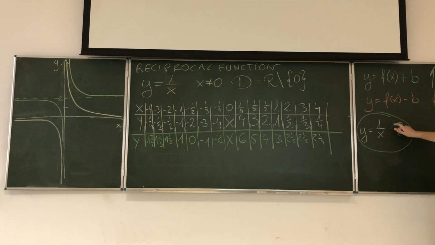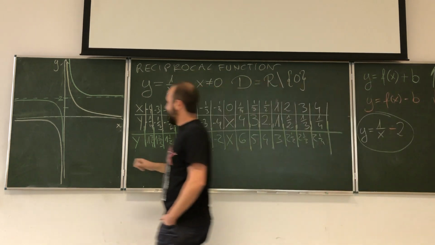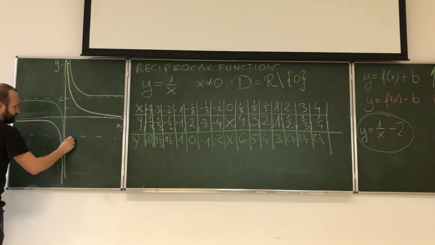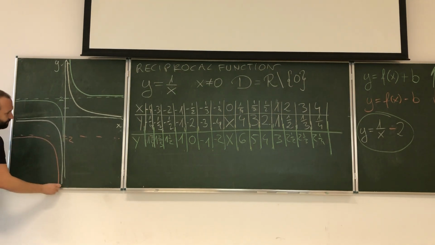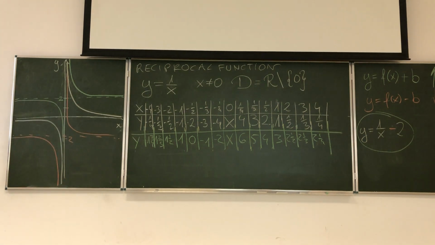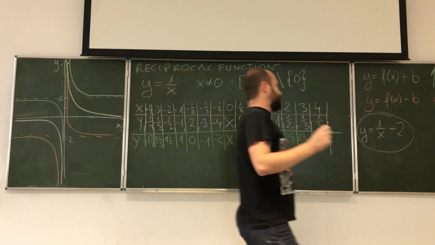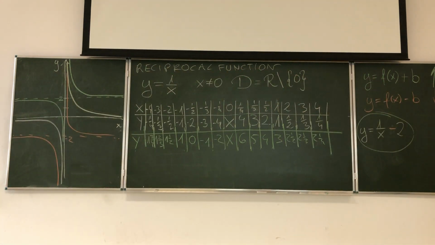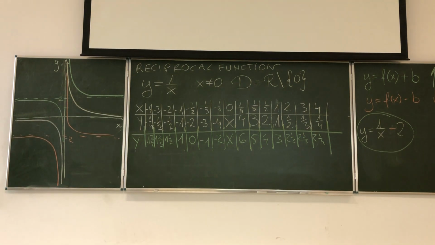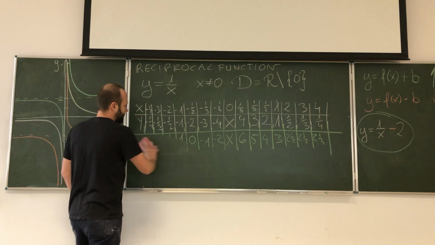If I would have minus here, I would just draw an asymptote over here at the -2. I would draw a function like this. Okay, and this gives us the first transformation. What happens if I add a constant number to a function? Okay, I don't think that was that complicated, so let's go to another case.